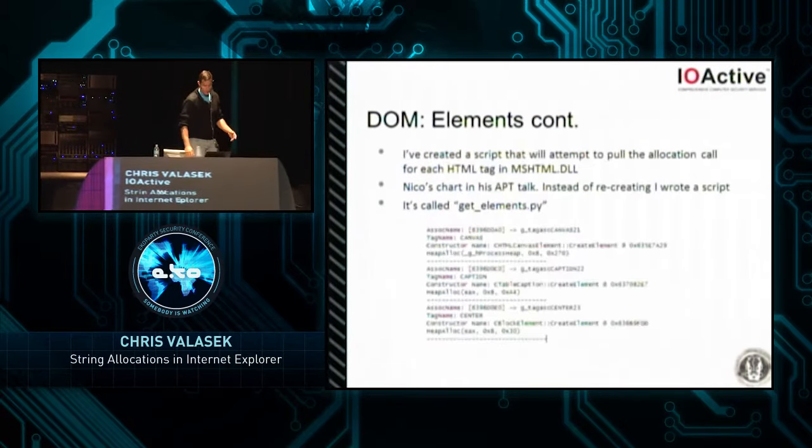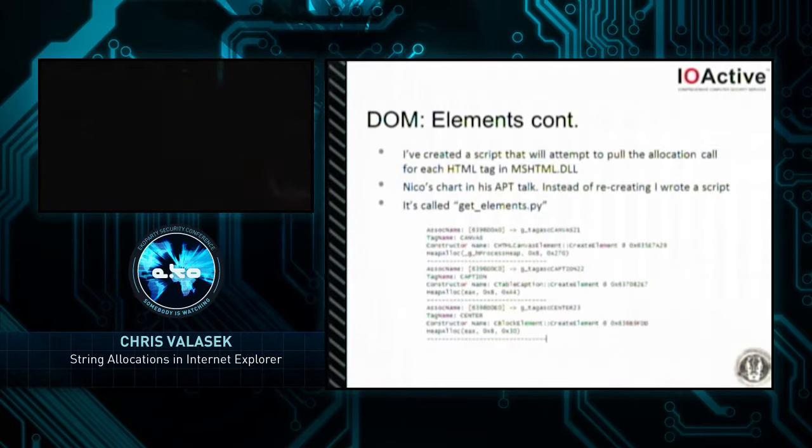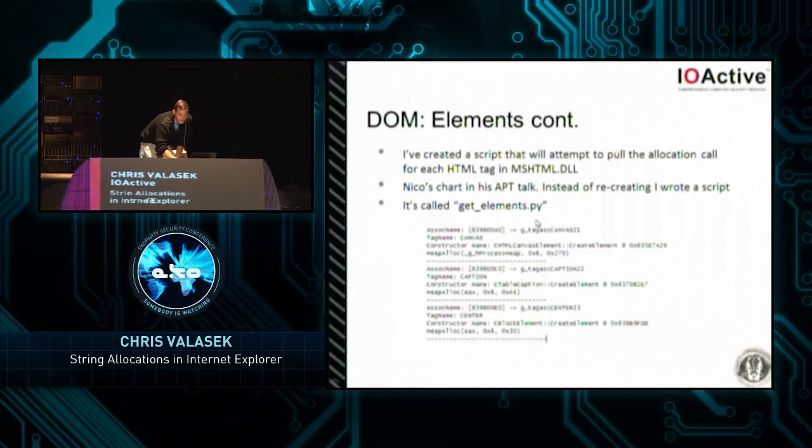And so I didn't want to completely recreate that. So I'm going to release a script just called getelements.py. It's an IDA Python script. You can just open up MSHTML DLL in IDA Pro and run this script. And it will get all the tags, and it will tell you the tag name, the constructor that's called and at the address, and then the call to heap alloc that's called for that associated tag, right?